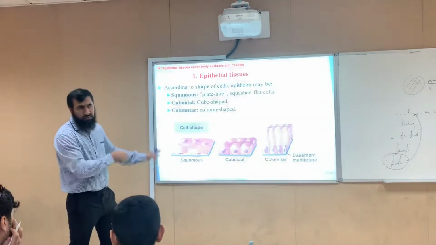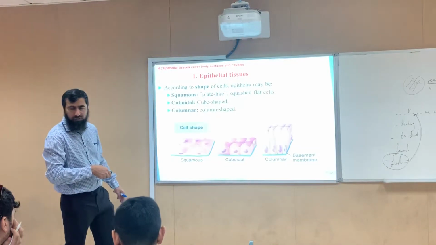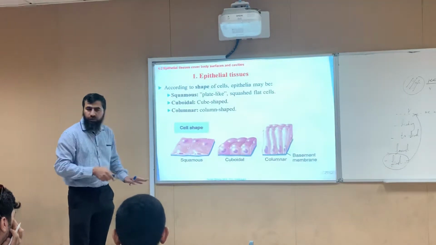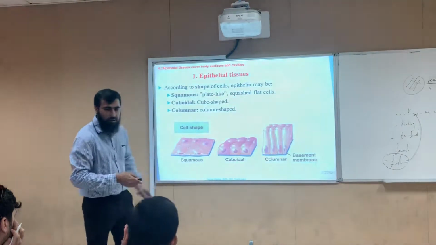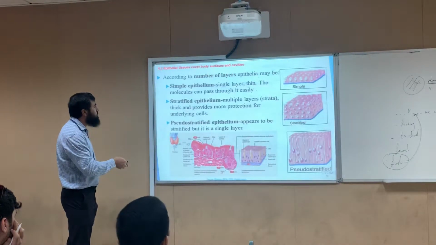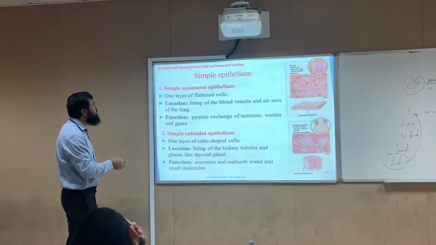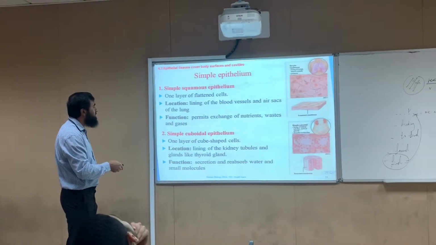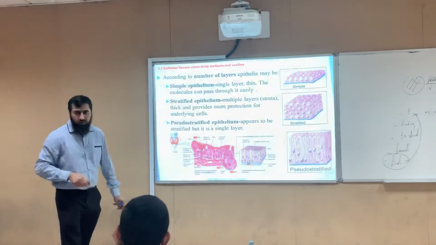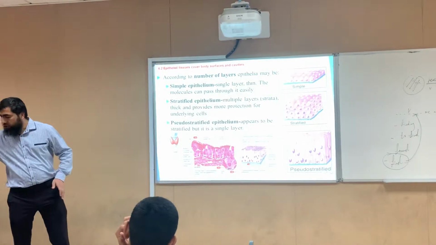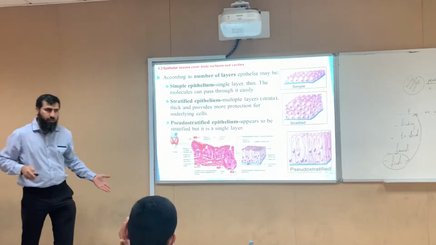Here it's talking about shape first, but epithelial tissue is always named according to the number of layers, then the shape. Okay, so where does it talk about layers? Okay, here. So when we name epithelial tissue, we talk about the number of layers first.